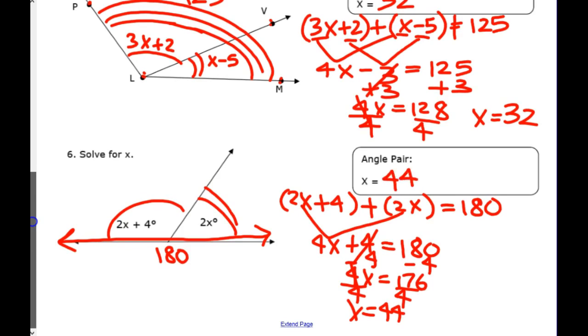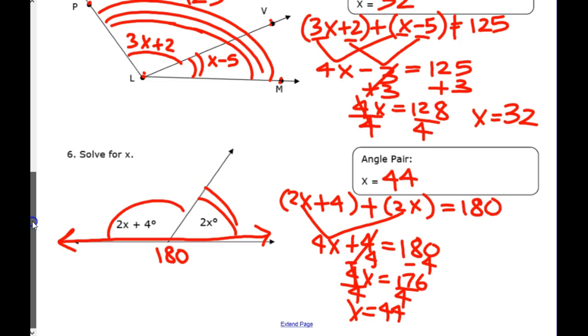Now real quick, whether you were here or not, you need to know this vocab. What do you call two angles that are adjacent that make a straight line? Okay, so complementary adds up to 90, so not complementary. Supplementary.